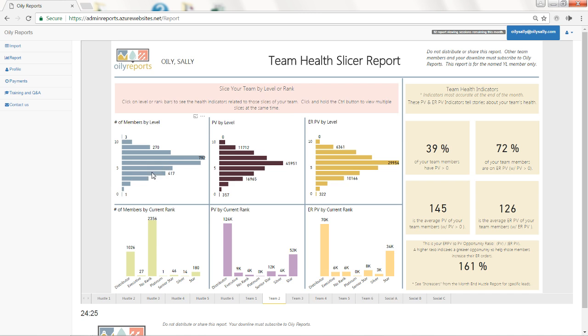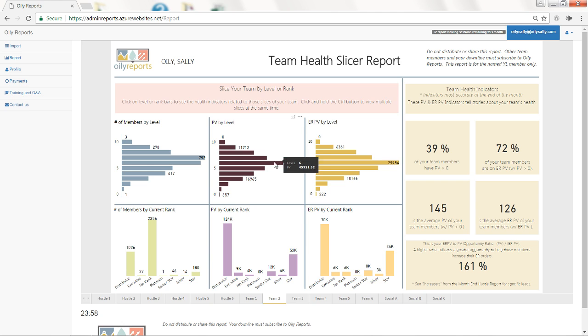So here you can see the bars are growing out to level 7, and then they get to 8. Starting at level 7, there are a whole lot of people there, but those people didn't necessarily keep on growing their team. So wherever there's a decrease in size. But you can see when it comes to PV, it topped out at level 6.